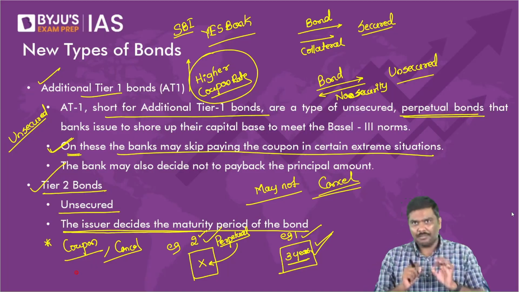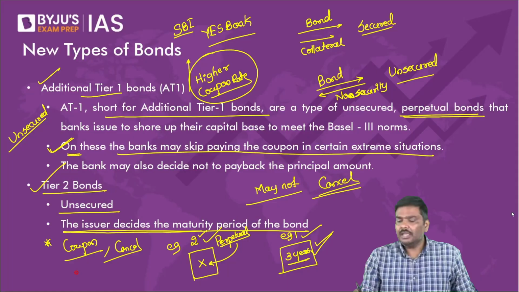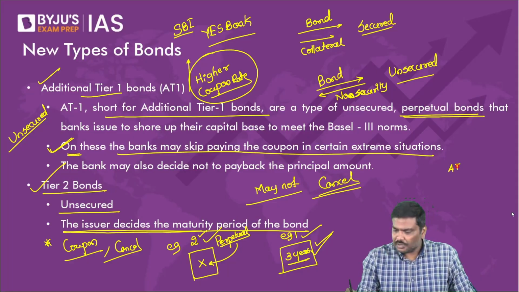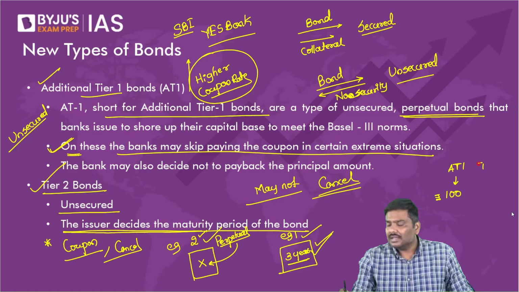Now, please tell me, think of this very carefully. Imagine, through additional tier 1 bond, you have collected 100 rupee, capital by the way. And tier 2 bond, you have collected 100 rupee capital.